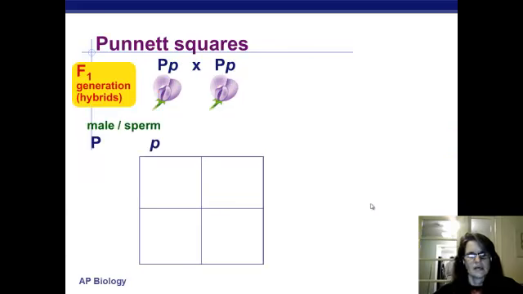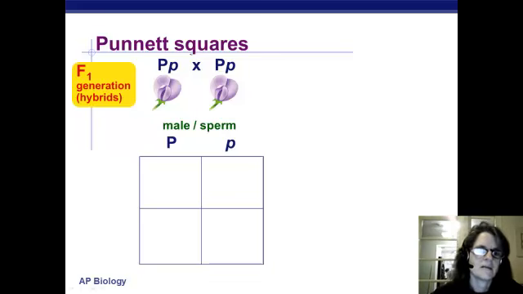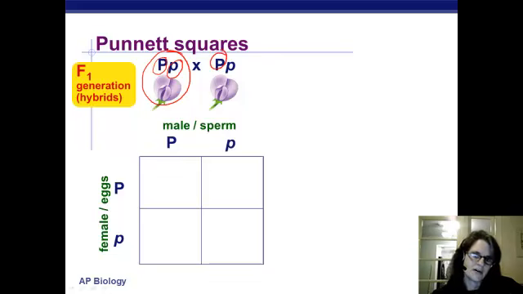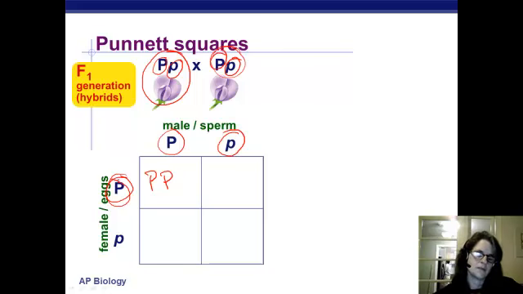What we're going to see is that this time, if this is going to represent the male, he can send in his sperm either a big P or a little p. Okay? And the same goes for the female. She can send either a big P or a little p. She can't send both at once, but she can send either or. That means there is a 50-50 shot that dad will send a big P to the offspring, and so will mom, and that offspring would be big P, big P. But there's also a 50-50 shot that mom will send little p when dad sends big P, so the offspring would look like that.